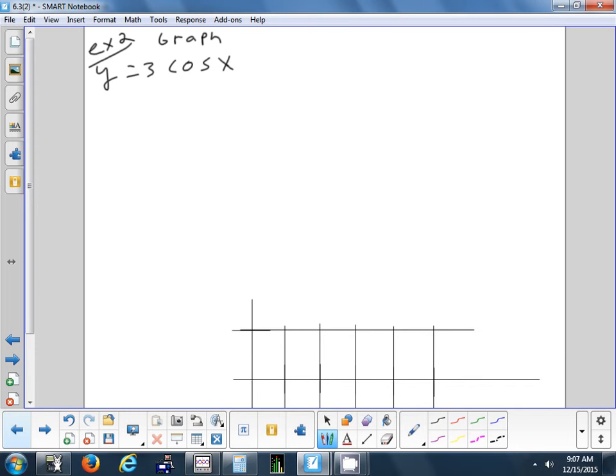All right, so let's try graphing 3 cosine x. First thing we'll do, make our table. And what kind of transformation is this one? Oh, actually, it's the same y change.